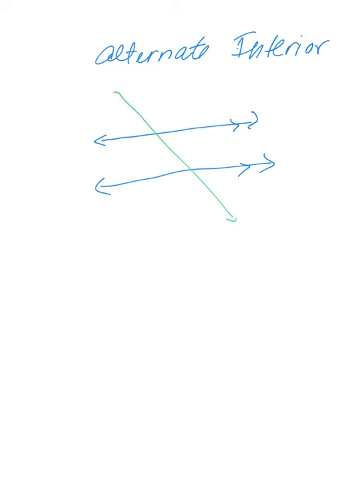Everybody get that? So in this picture, in every picture, they're all going to look the same. Every picture is going to look the same as this picture, but we're going to point out the alternate interior angles, okay?